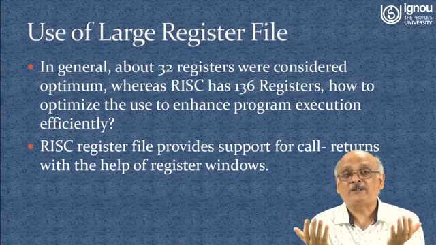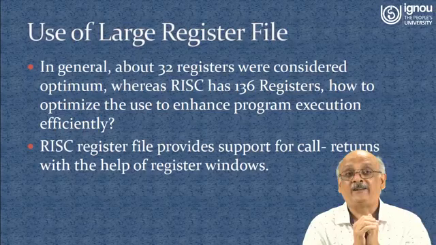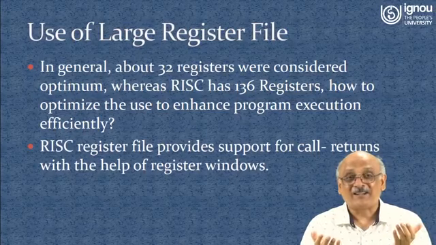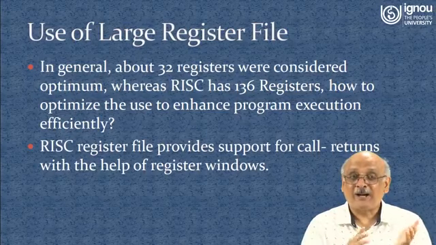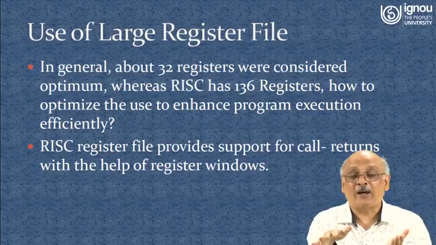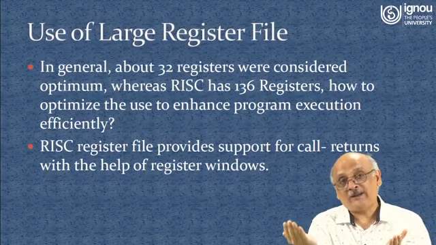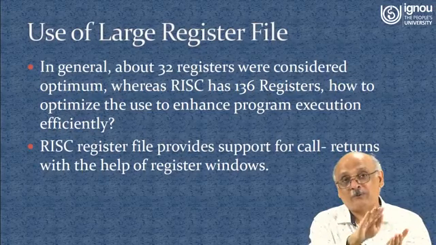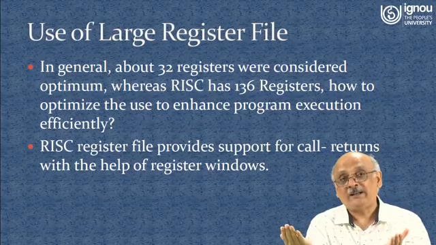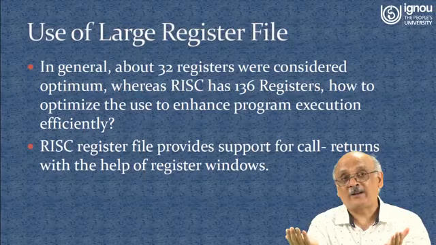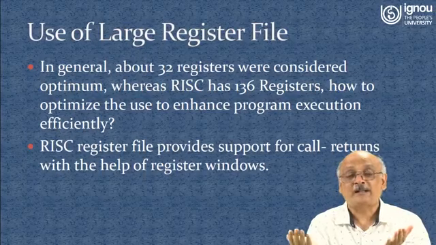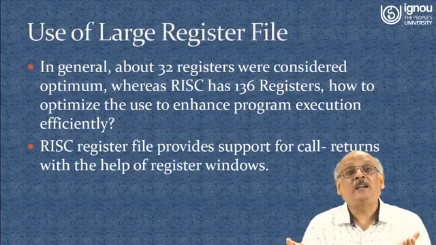That is what we were able to do with the large register file in RISC. It was not possible in CISC. 32 registers are required for the normal execution of the program, but when we move the execution from one function to a second function, the storage of register operands and all those housekeeping operations required for subroutine calls was greatly reduced in RISC.